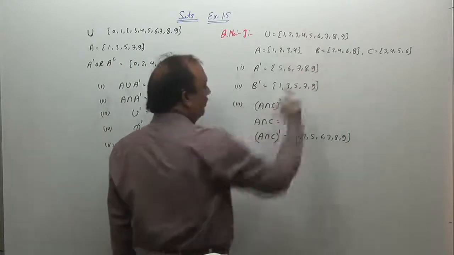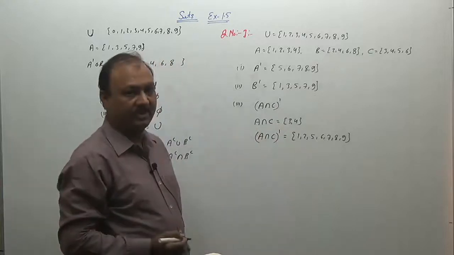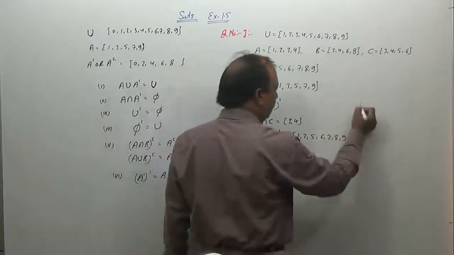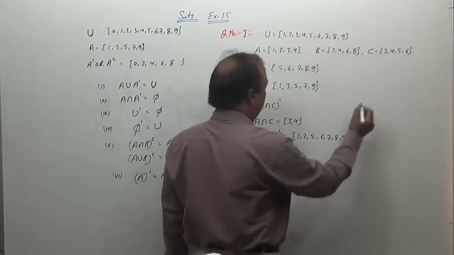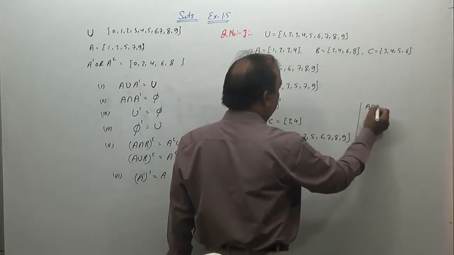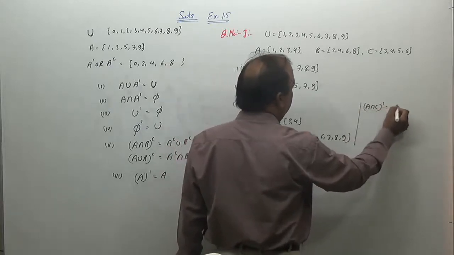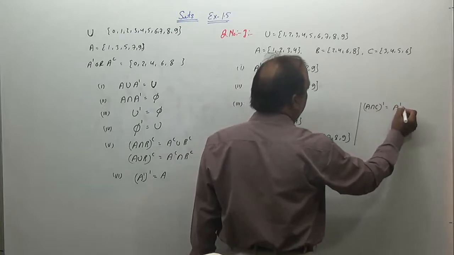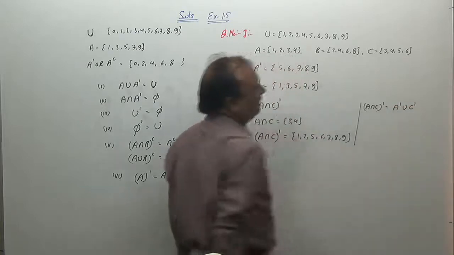There is another way. The second way is by De Morgan. A intersection C complement is A complement union C complement.